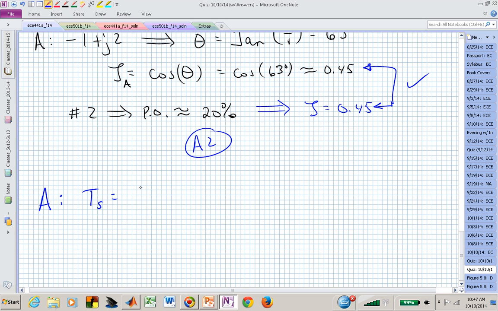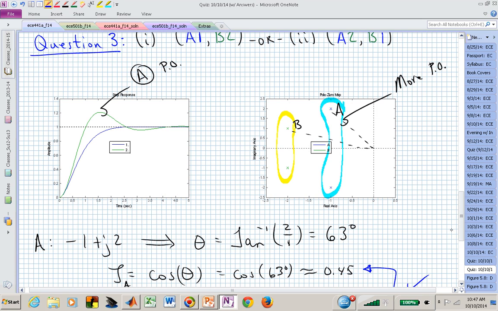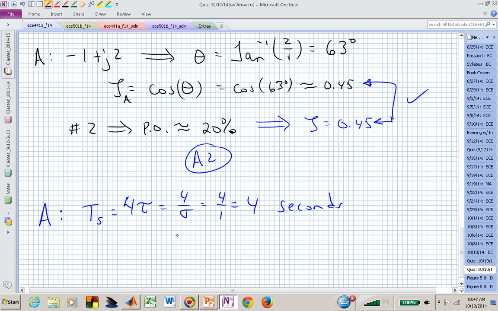Our 2% settling time is now 4 tau, which is 4 over sigma, so with a real part of 1, we would expect 4 seconds for A. If we go back here and try to find some response that's settling in 4 seconds, that looks like it's number 2. So again, this would seem to indicate that A was matched up with 2.